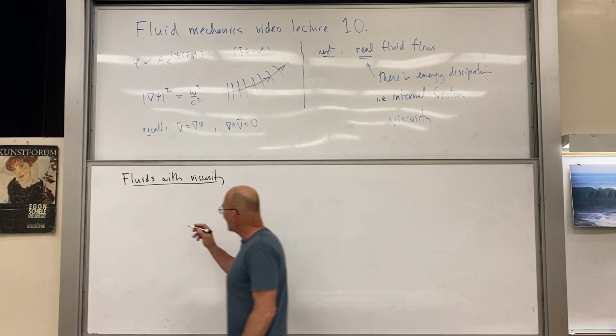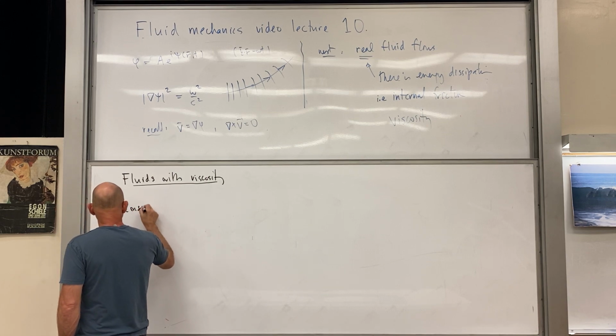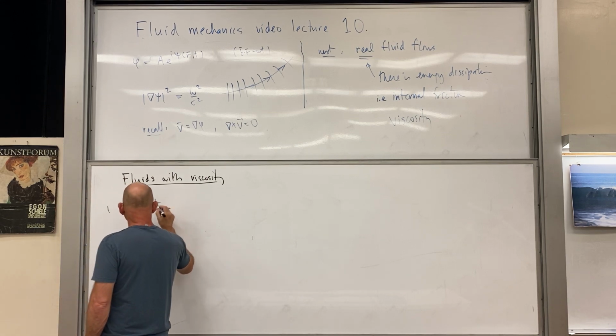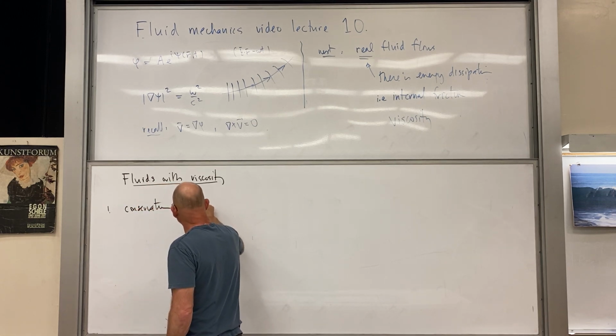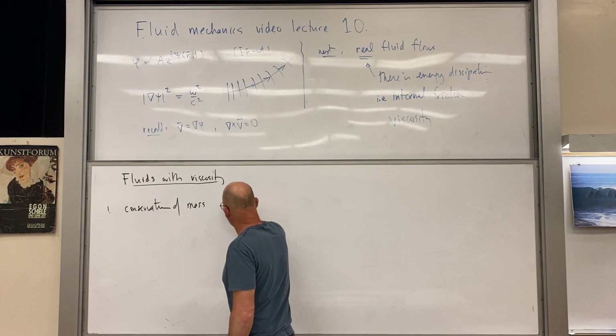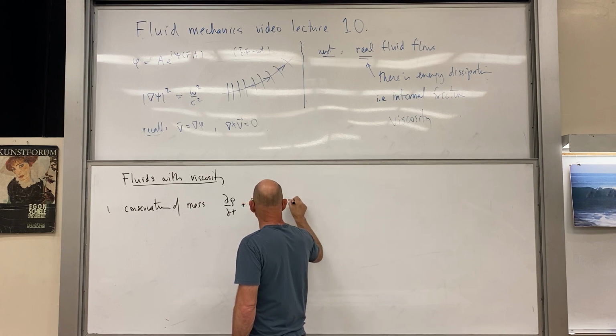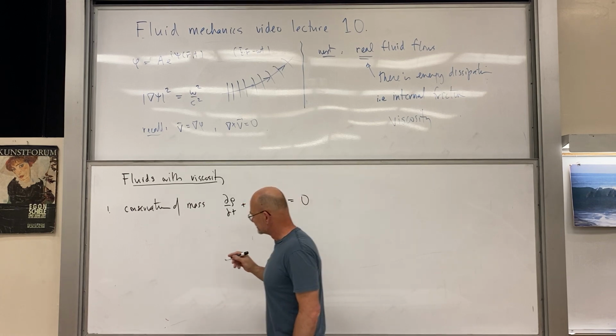We're still going to have our conservation of mass. So as we set up our equations, we're starting with what we already have. This doesn't change, the continuity equation. So we've been there, divergence of rho v equals 0.